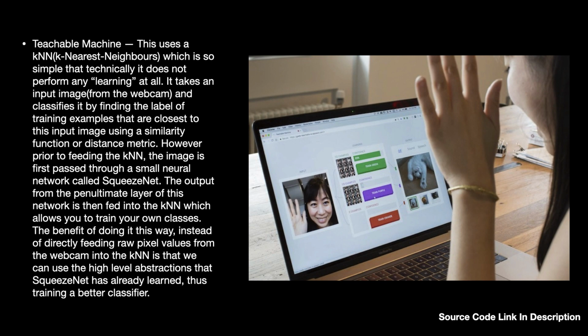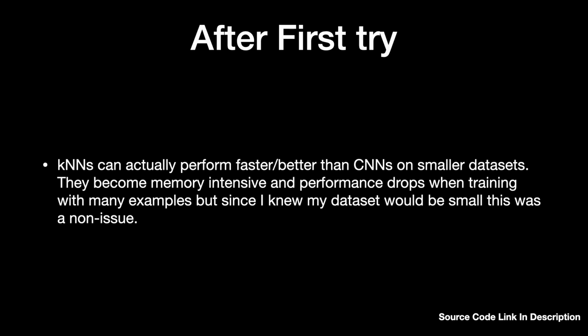After thoroughly testing the 2 approaches and realizing that both systems performed comparably on my tests, I decided to use Teachable Machine as my base since KNNs can actually perform faster and better than CNNs on smaller datasets. They become memory-intensive and performance drops when training with many examples, but since I knew my dataset would be small, this was a non-issue.